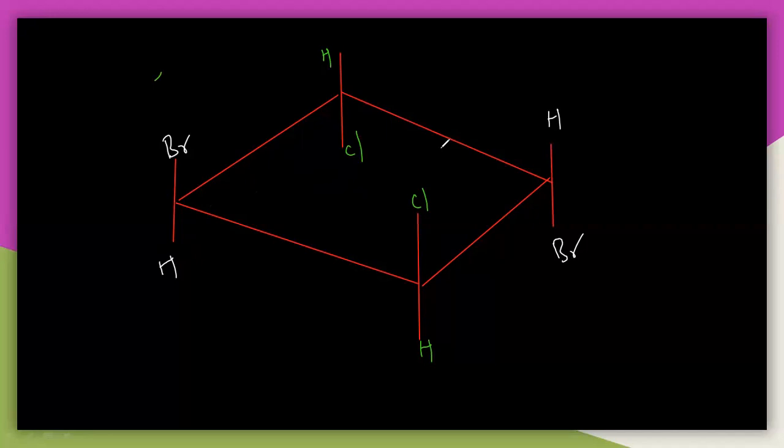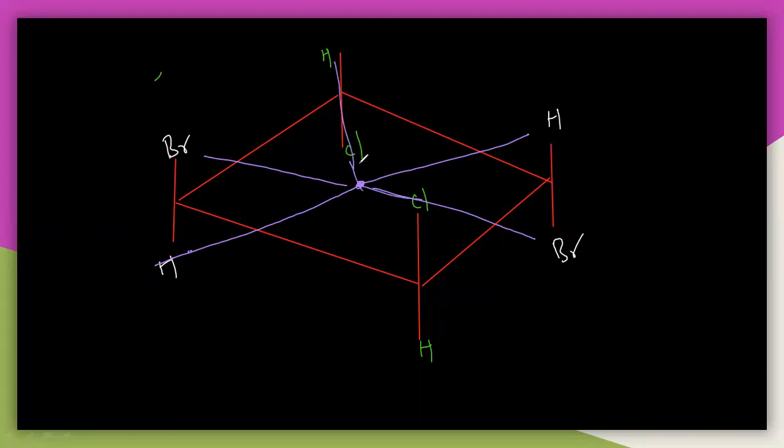If you invert this, you will get exactly the similar structure, because there is a central point. Let us take the center point here. The distance between this hydrogen and this hydrogen is exactly the same. Again from this bromine to this bromine is exactly the same. Even this chlorine and this chlorine, and this hydrogen and this hydrogen are exactly the same. So if you invert this, you will get exactly the similar structure.